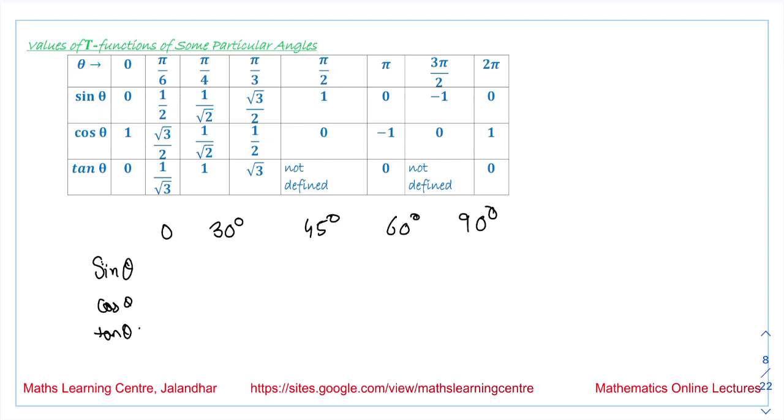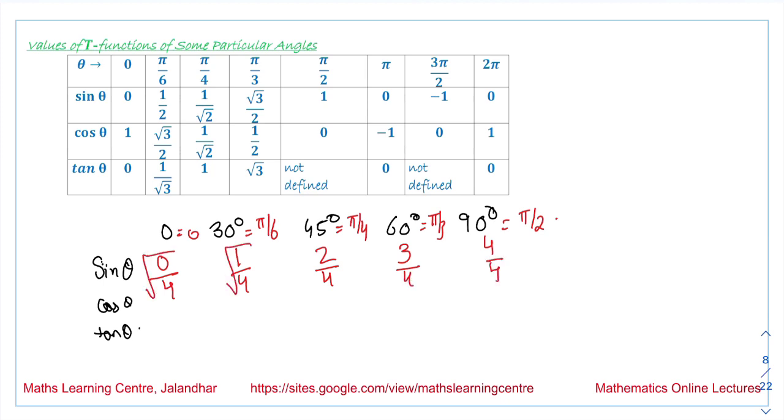We know that these values in radians are 0 radian, pi by 6 radian, pi by 4 radian, pi by 3 radians, pi by 2 radians. Now corresponding to sin, how do we write these values? It is 0, 1, 2, 3 and 4. We divide all these values by 4.